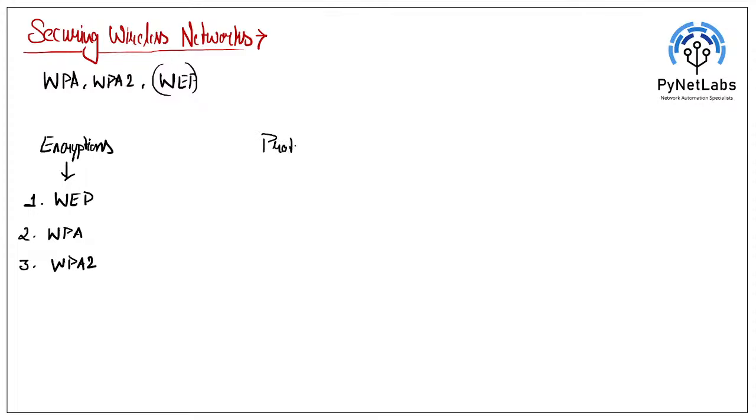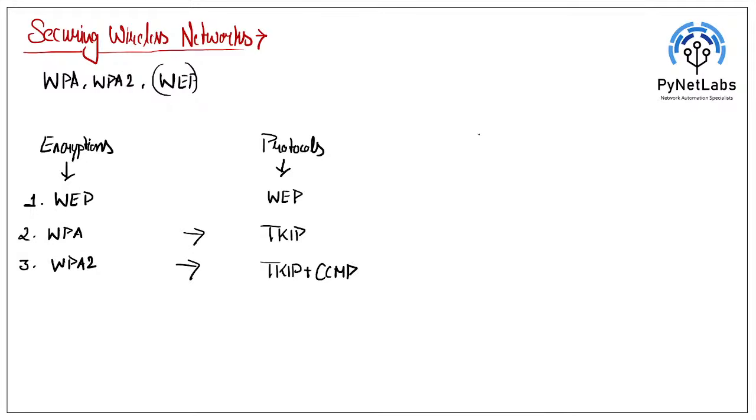So we can write protocols. The protocol used in WEP is the WEP protocol itself, which was introduced around 1999. WPA is going to use a protocol known as TKIP, temporal key integrity protocol. And WPA2 is a very advanced version. It is going to support TKIP as well as the CCMP protocol.